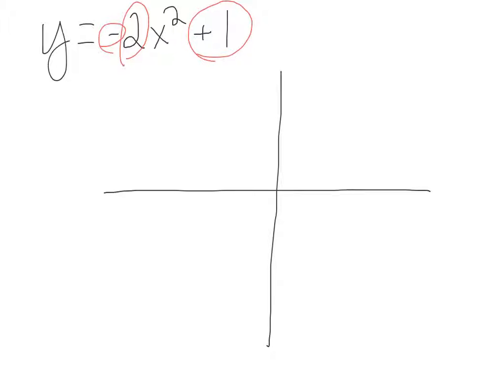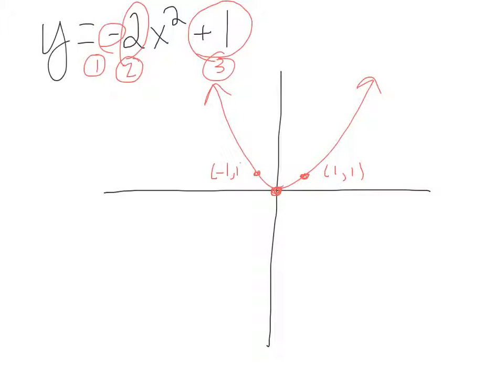So the flip comes first, then multiplying, then the adding. So it's always nice to think about your parent graph. So I'm going to draw that here. We know our y-intercept is 0. For now, it's nice to know we have also these points, (1, 1) and (-1, 1). That helps define our parabola.